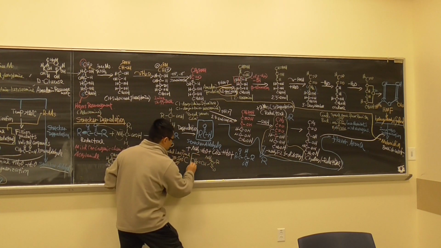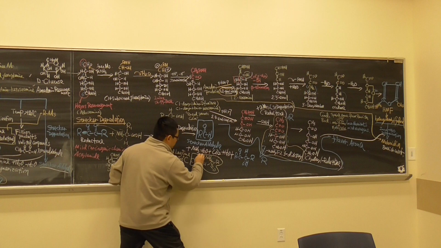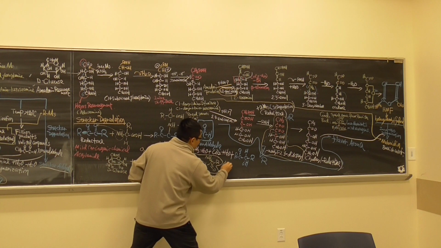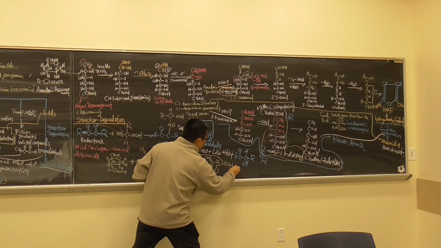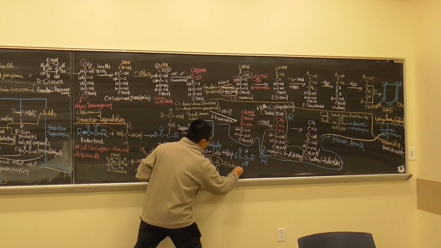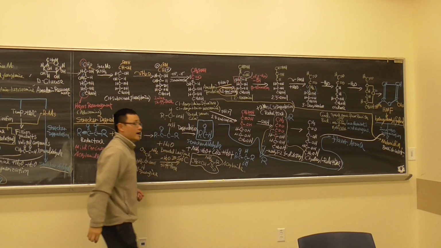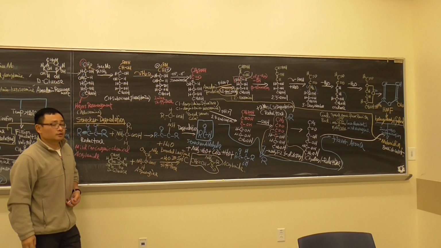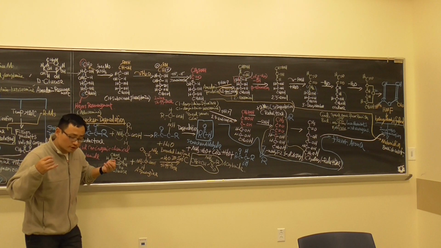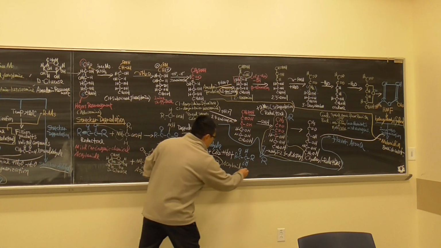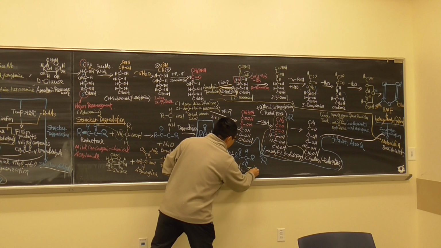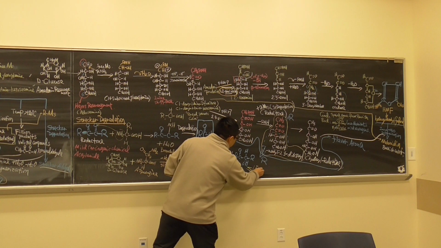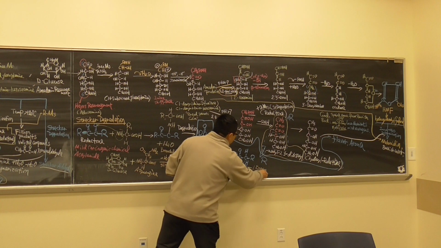This one is acrylamide. Acrylamide, the reasonable amount is less than 1.5 parts per million, 1.5 ppm.